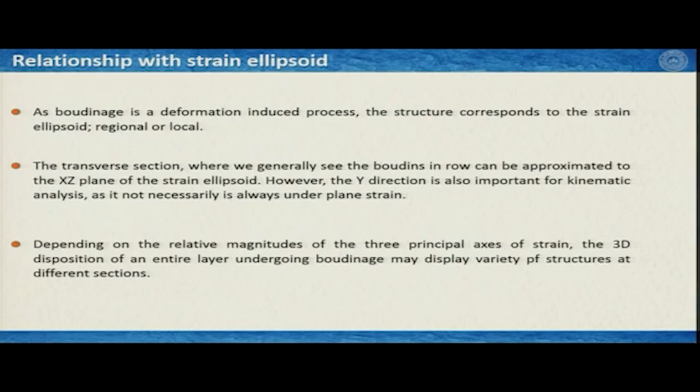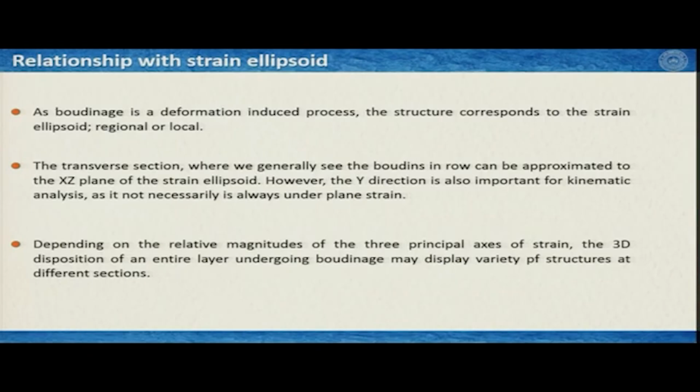The transverse section, where we generally see the Boudins in a row, can be approximated to the xz plane of the strain ellipsoid. However, the y direction is also important for kinematic analysis, as it is not necessarily always under plane strain, and we will see this very soon.